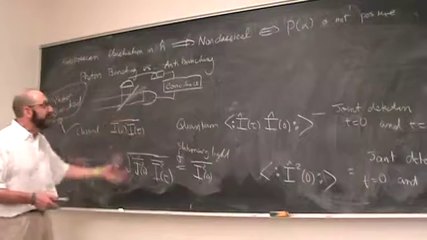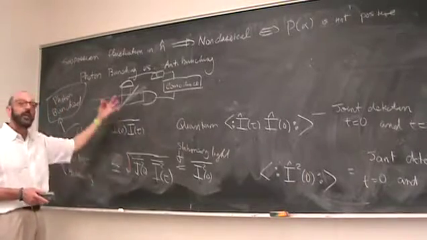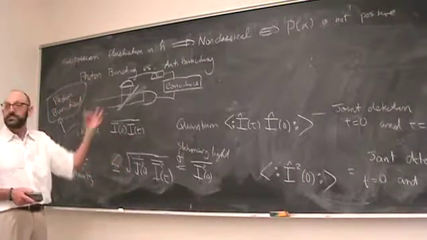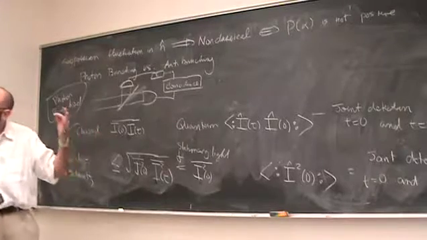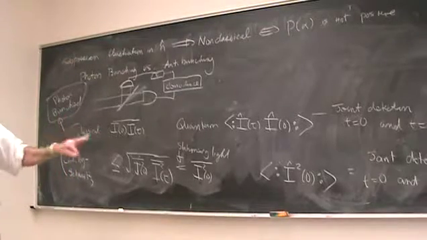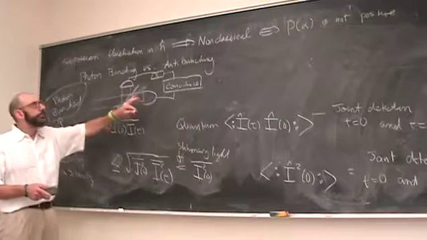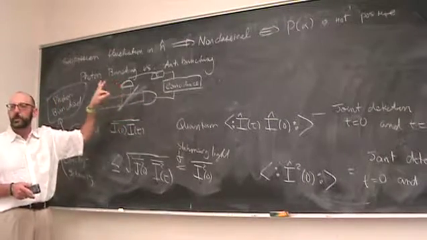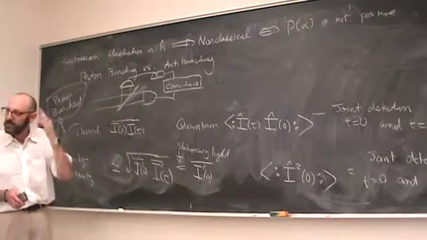Anything that violates the inequalities that follow from that ansatz, we call non-classical. But it's tied to this specific kind of experiment where we're counting photons. Keep that in mind.